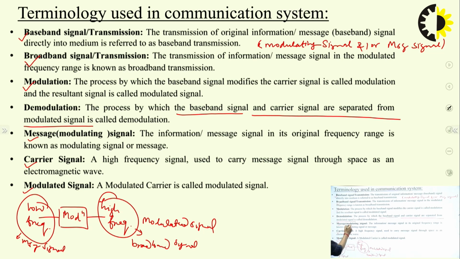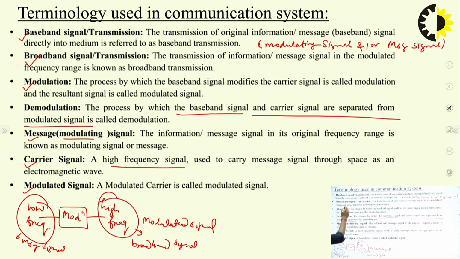The message signal is as I discussed already in the previous slide. Carrier signal is a high frequency signal, right? And the modulated signal is the signal after the modulation process. So it is a combination of carrier signal and the message signal. So this is a modulated signal.